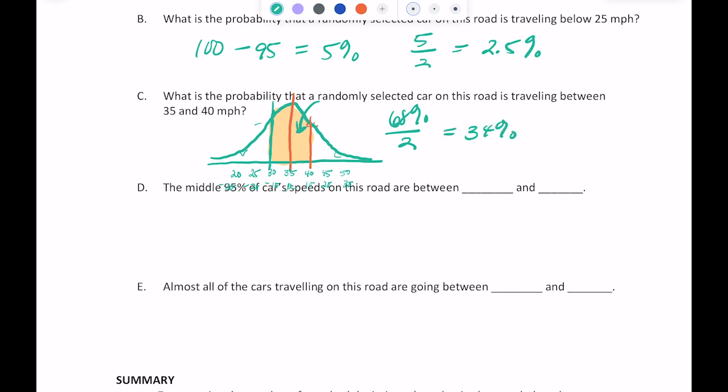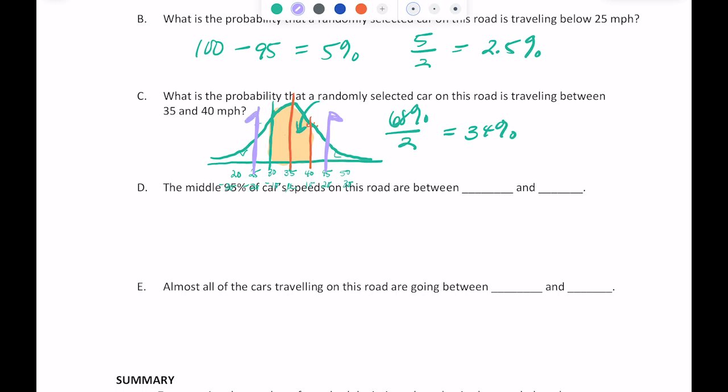So approximately 34% of cars traveling on that road will be traveling between 35 and 40 miles per hour. Okay, we know that the middle 95% of cars are going to be 2 standard deviations above and below the mean.